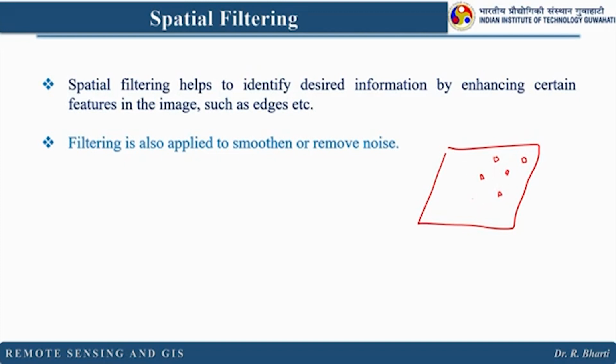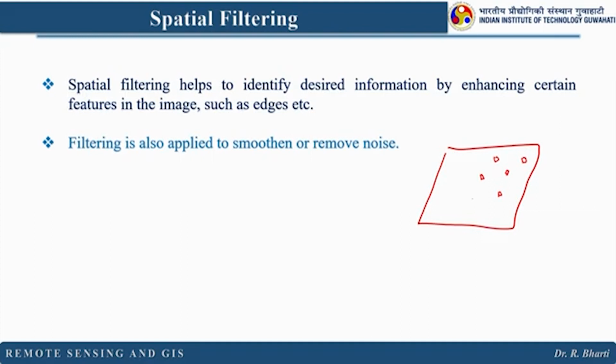But remember, all these algorithms cannot give you the real value. These are estimated values, so they cannot be used for quantitative analysis or quantitative research. These are for qualitative analysis.